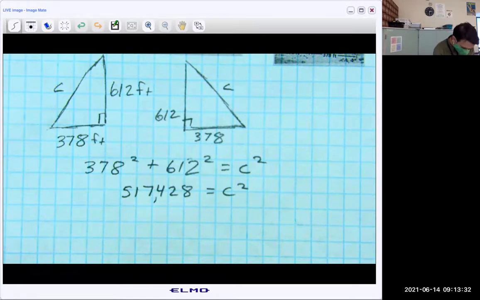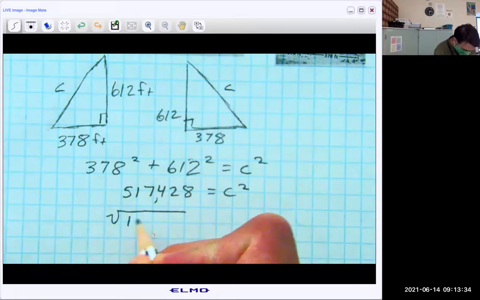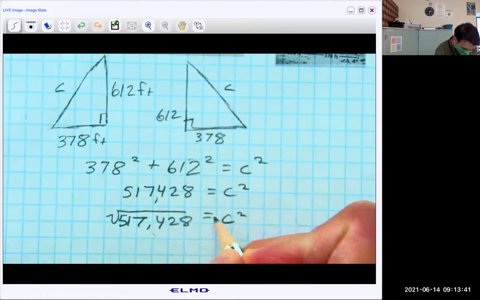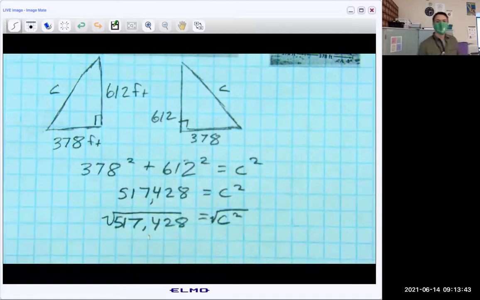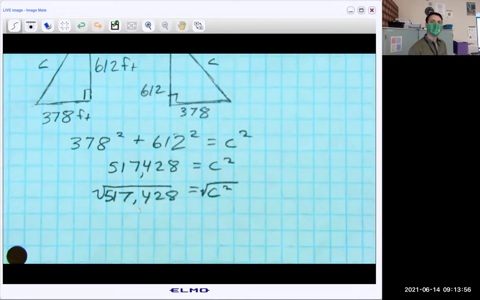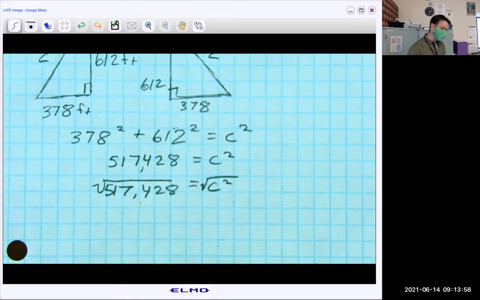Now, when we take the square root of both sides here, we're going to end up with this tricky situation. It's not going to be a nice, perfect square root. We either have to simplify it, like we did in the homework before, or we can estimate it with a decimal. I think in this case it'd make the most sense just to estimate it, but maybe if you were building this, you'd want an exact answer, so you would simplify instead.